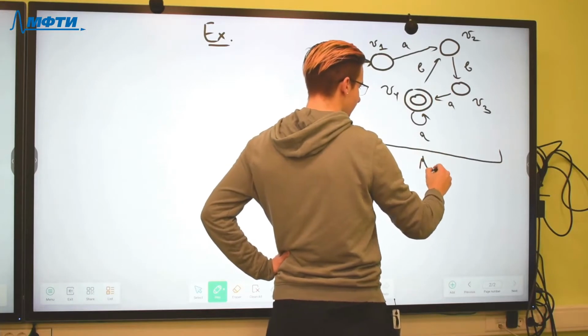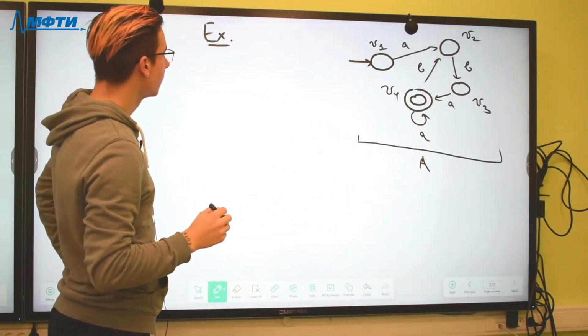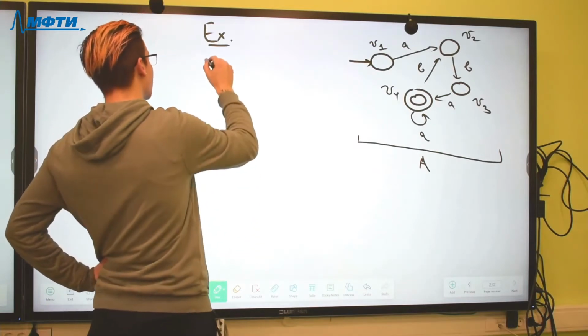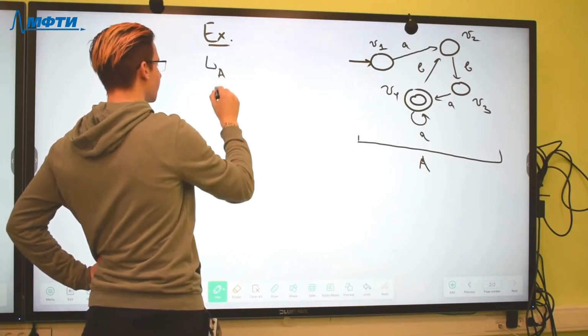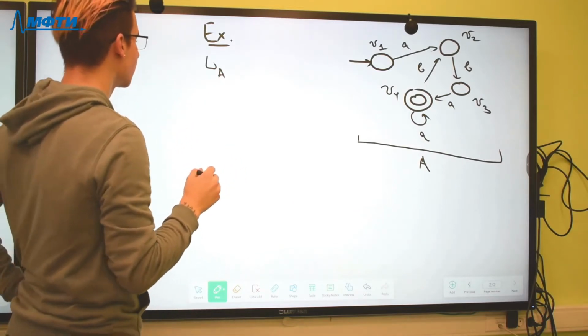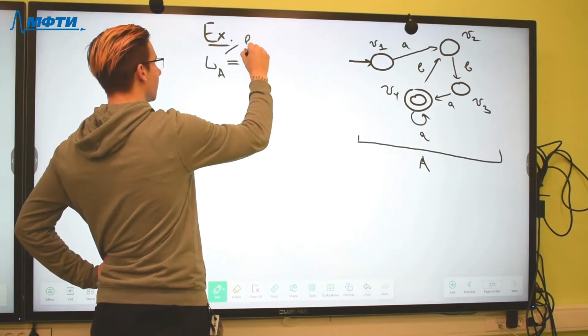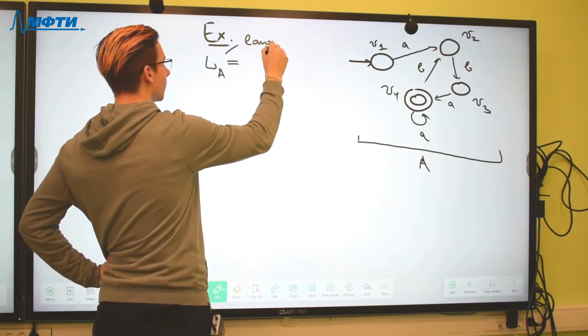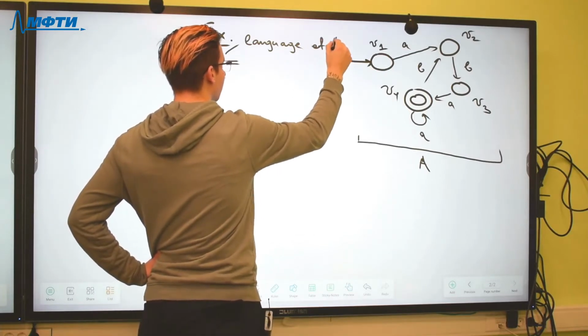So we name this automaton with the character A, and we say that L(A) is the language of this automaton.